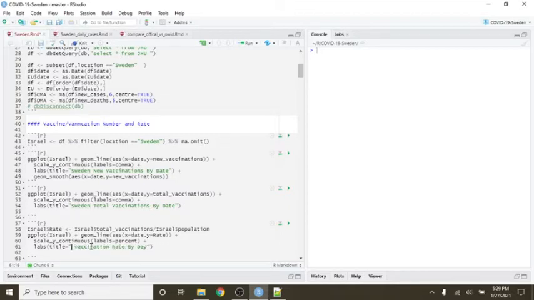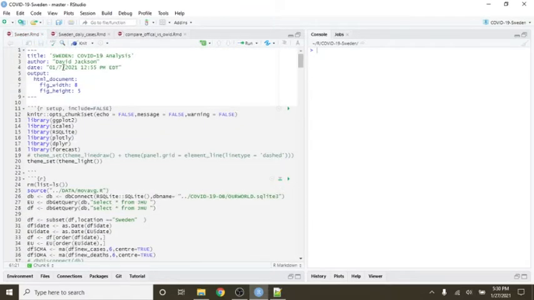Just to make sure we understand, you divide the number of total vaccines by the population, and that'll tell us the percent of the population that's been vaccinated so far. Okay, so let's just see if this works. I'm not sure if that one script there is actually going to work or not. Let's just see what happens here.